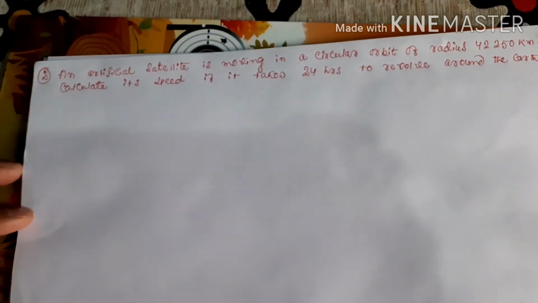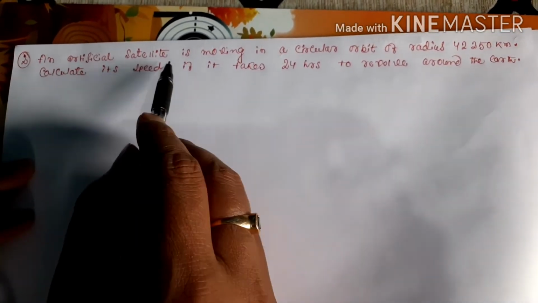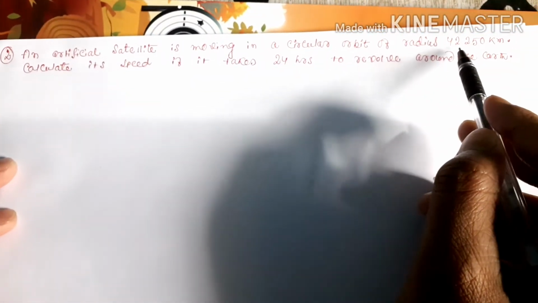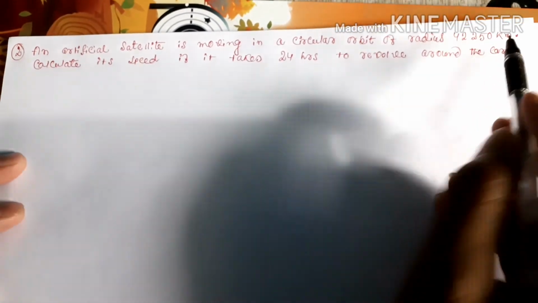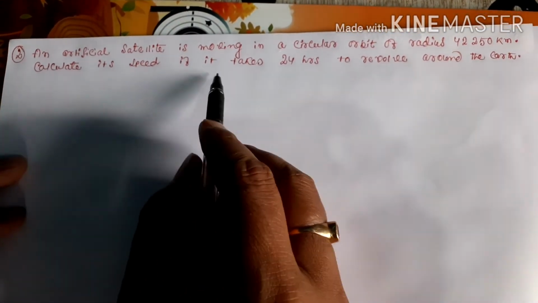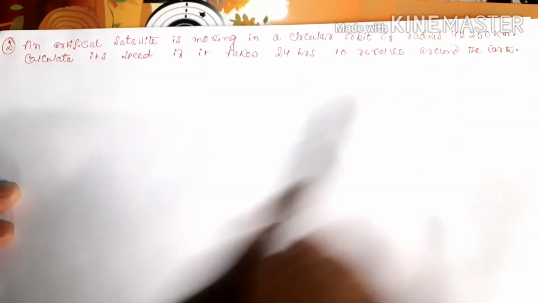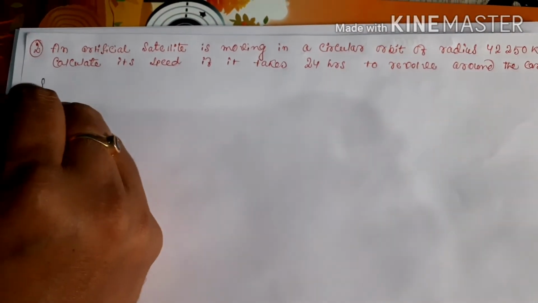Next one is given; this is one type of numerical. An artificial satellite is moving in a circular orbit of radius 42,250 km. Calculate its speed if it takes 24 hours to revolve around the earth. So what data are given?